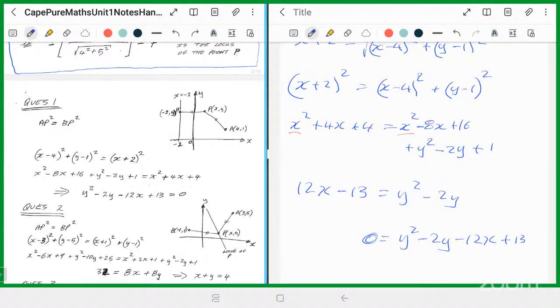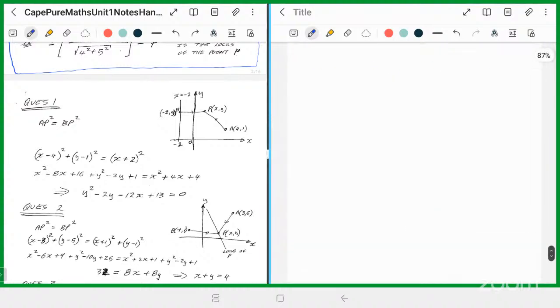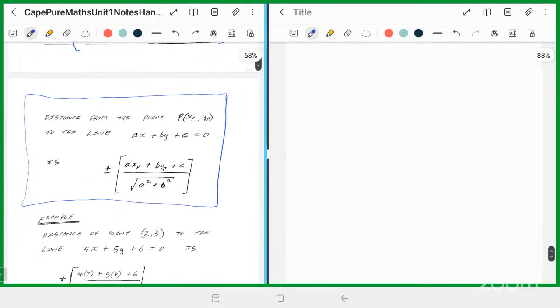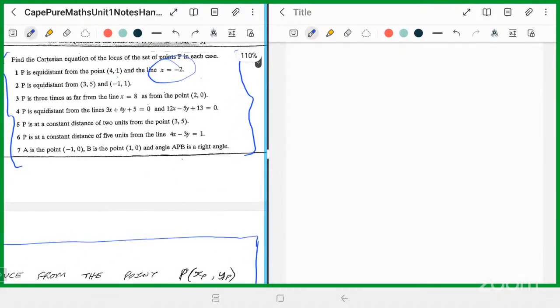Alright. The next question is that typical question I like to set. So we just did number 1, right? So we're at number 2 now. P is equidistant from those 2 points. Right? So it's going to be a perpendicular bisector between them, but you're going to use the method that they said.